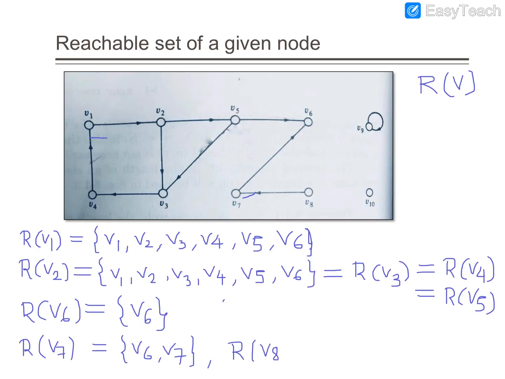Now the reachable set of V8: V8 is reachable to V7 and to V6 by this path. Therefore the reachable set of V8 is V6, V7, V8.